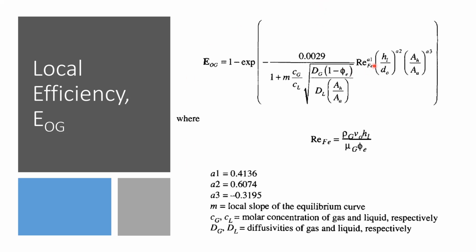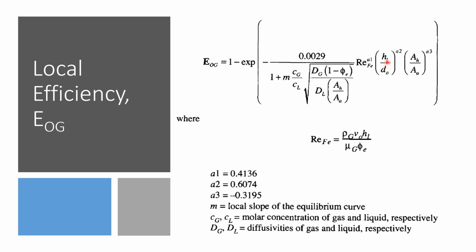As you can see in here, the local efficiency is a function of the Reynolds-Froude number, which can be calculated using the density of the gas, V naught, which, if you remember, is the velocity of the gas stream through the holes, HL, calculated while calculating the pressure drop, the viscosity of the gas, and phi E, which was, if you remember, the capacity factor used to determine the diameter of the tray.